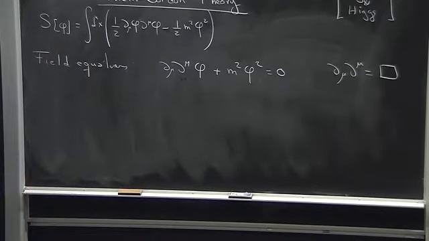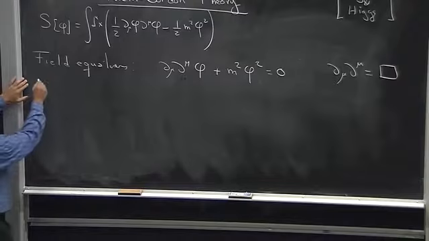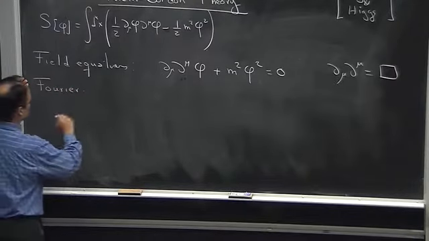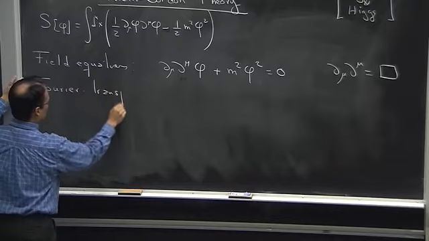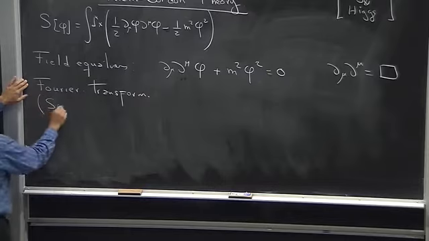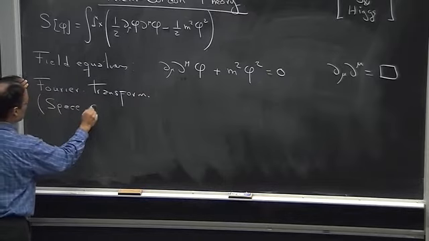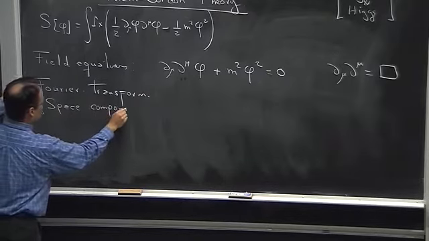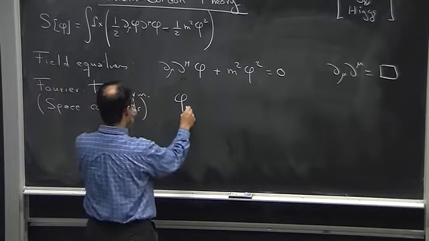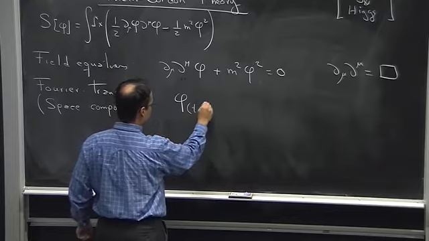One trick to solve any differential equation of this form is to write the Fourier representation. And we will only transform the space components. So you did all this in the tutorial today.